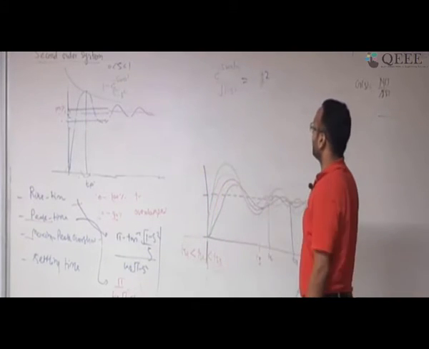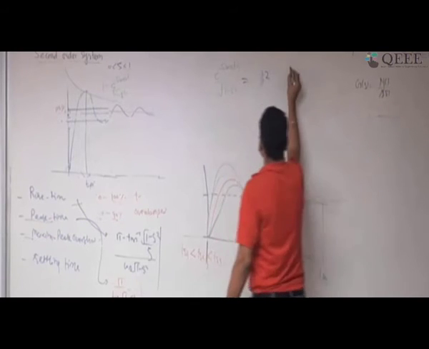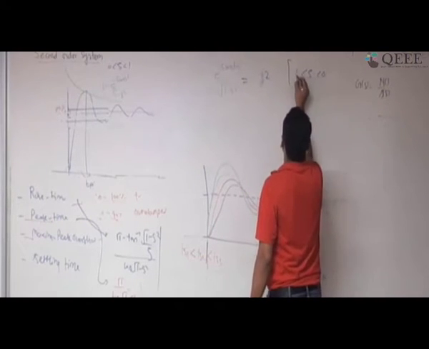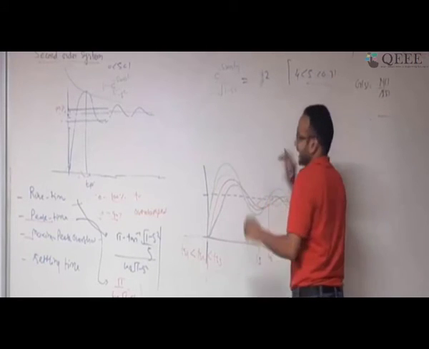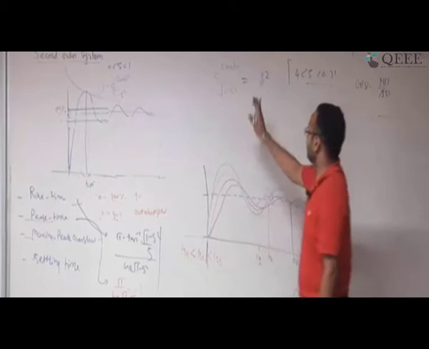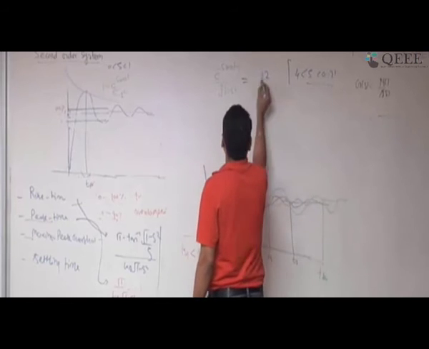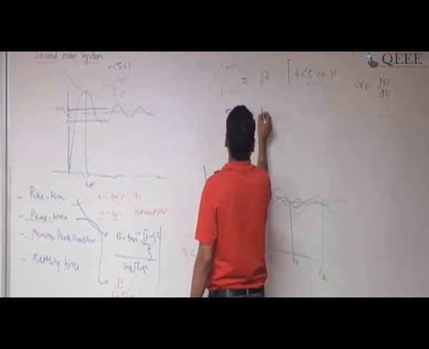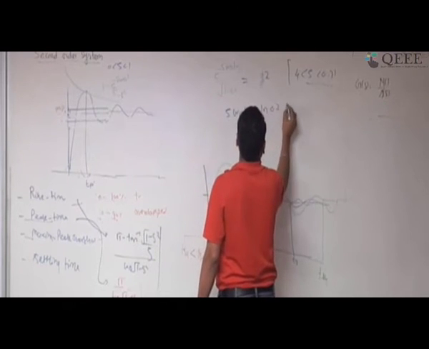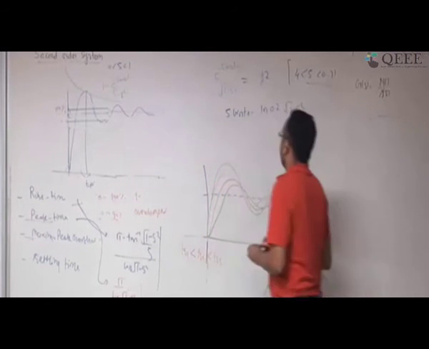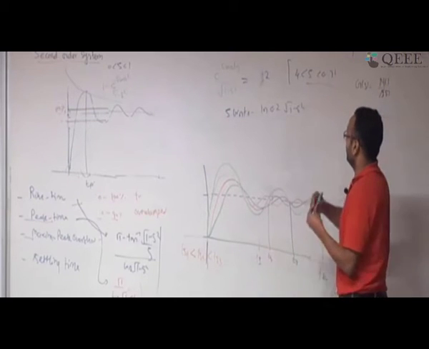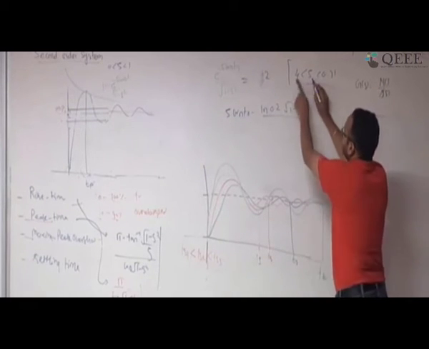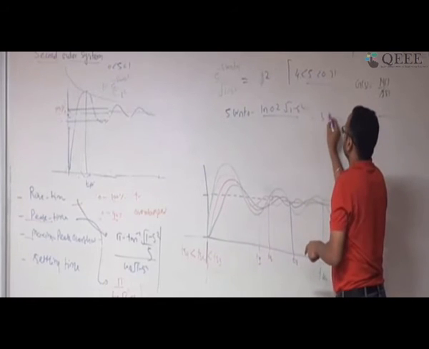Okay, and if you solve it, it has been observed that zeta between 0.4 to 0.7 is desirable in most of the cases. If you work it out, this is going to be zeta omega n Ts equal to log of 0.2 times the square root of 1 minus zeta square. If you take zeta equal to 0.4, this comes to around 3.9.